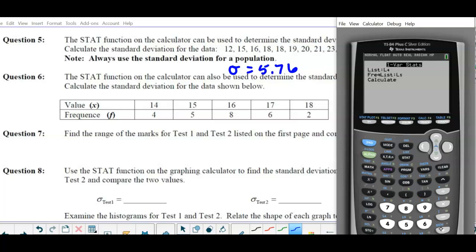So just always look at the sigma. Here it's 1.18. So that's what you do to find it, it's really the same thing, one variable stats.